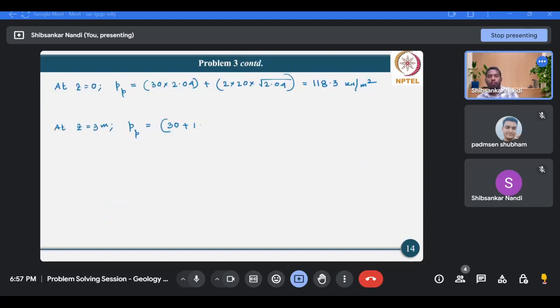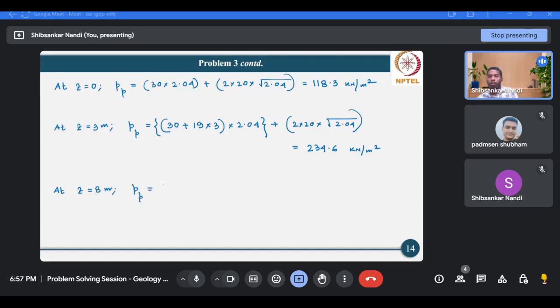So 19 multiplied by 3 multiplied by 2.04 plus the cohesion term, and this gives 234.6 kilonewton per meter.